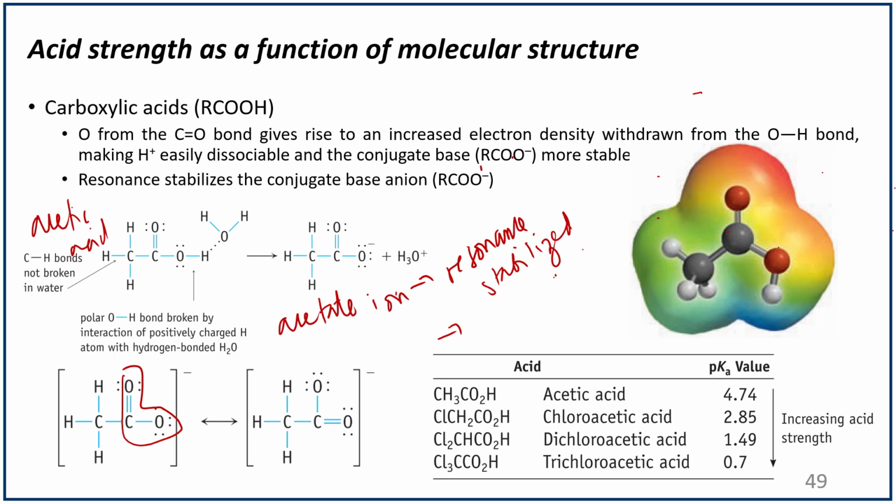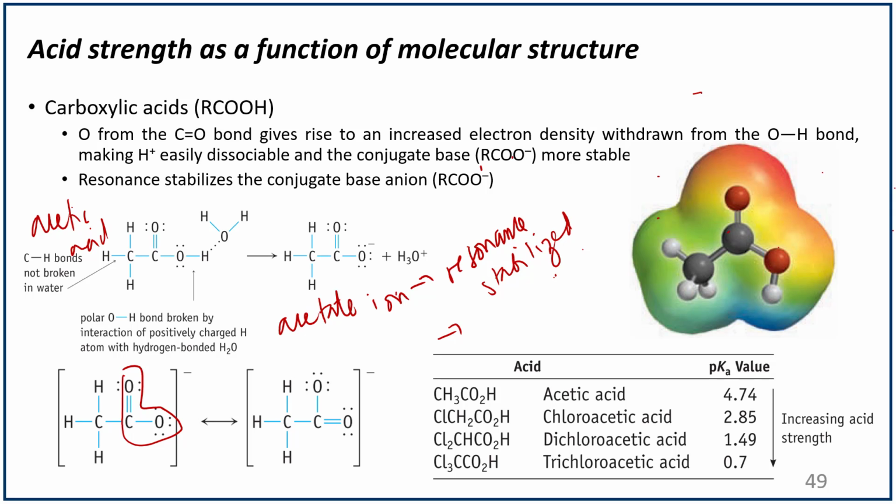But again, because the acetate ion has resonance structures to begin with, it is a stable compound. And because of that, it just means that acetic acid, in order to form the more stable acetate ion, is willing to give up that proton.